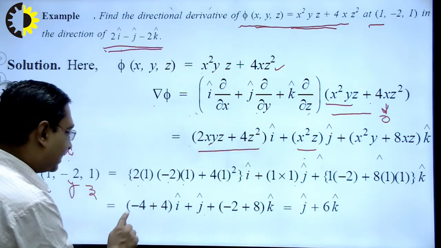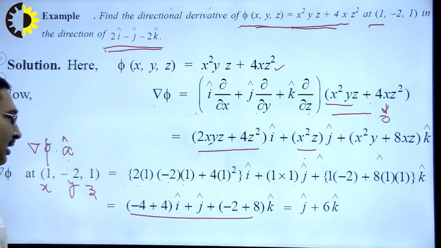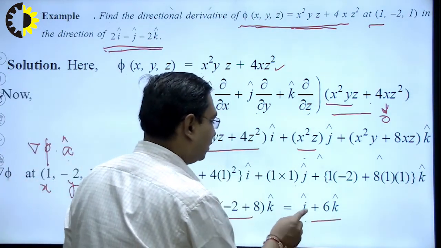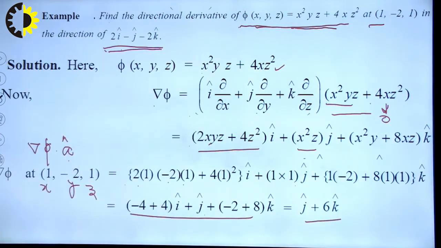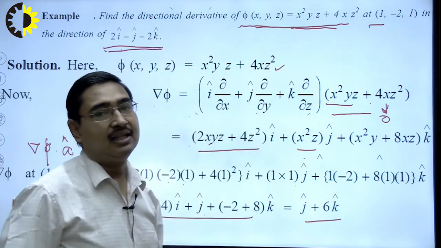Simplifying, in the next step I obtain this value, and it is nothing but j plus 6k cap. This is the value of grad phi for this function phi at this point.